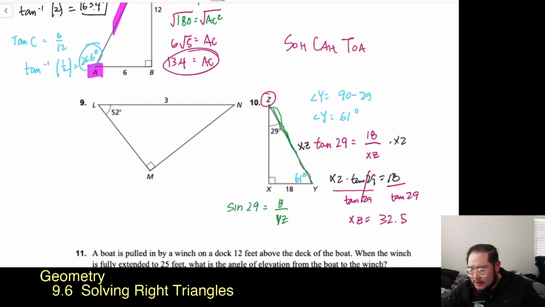We'll multiply both sides by YZ. So YZ times sine of 29 is equal to 18. And then we'll divide both sides by sine 29. So YZ is equal to 18 divided by sine of 29, and I'm getting 37.1.